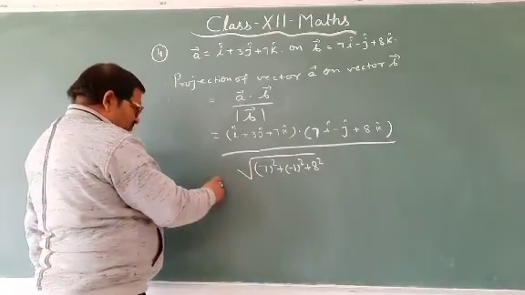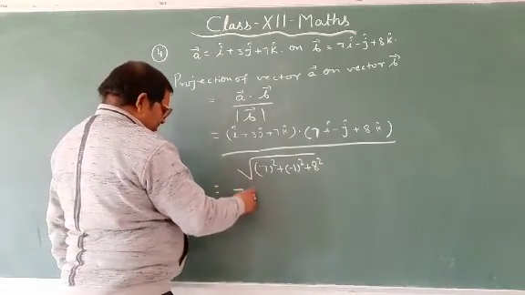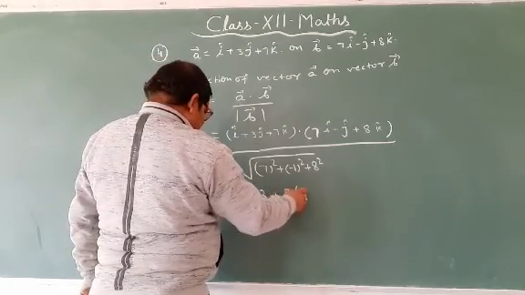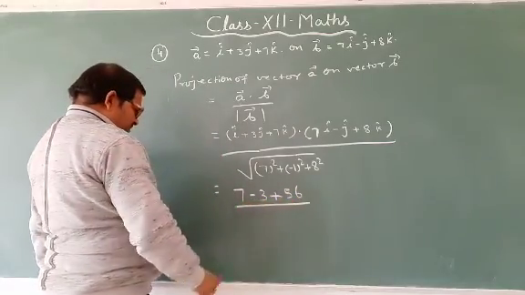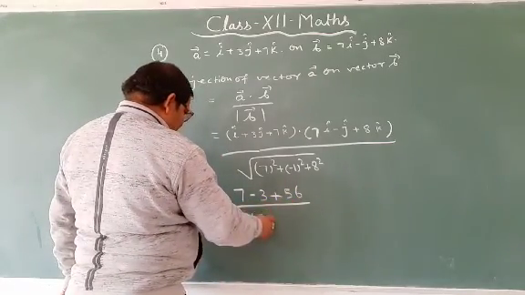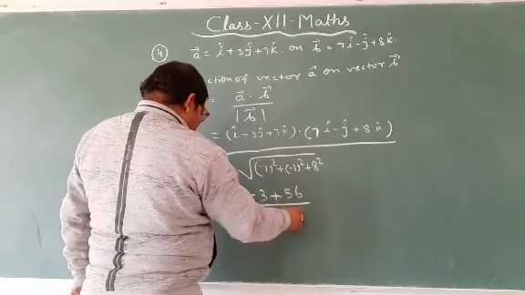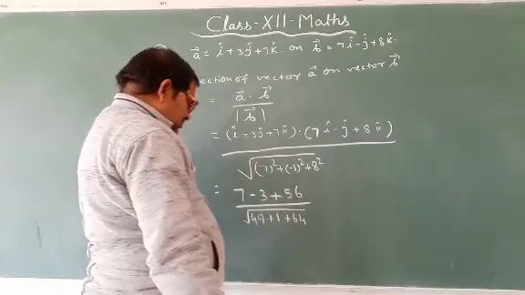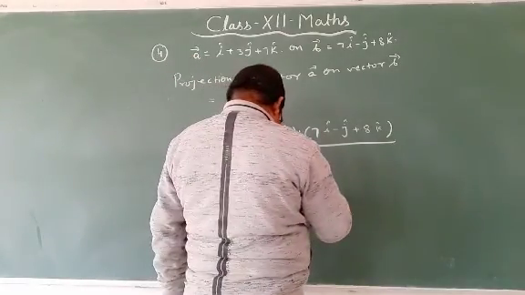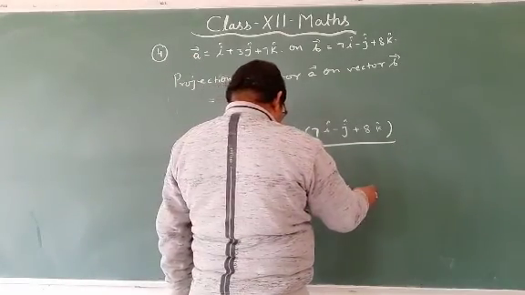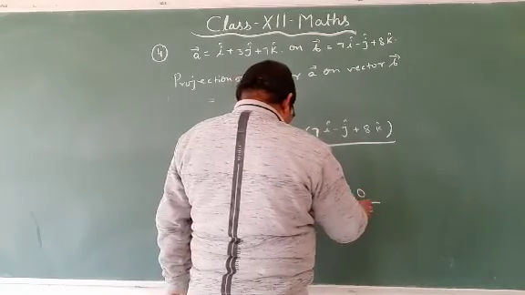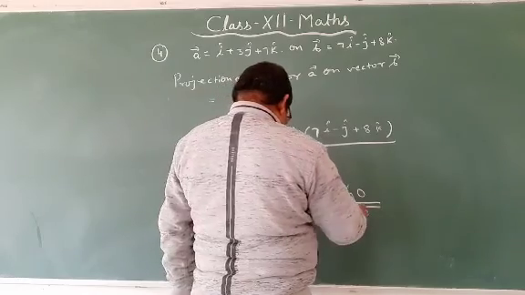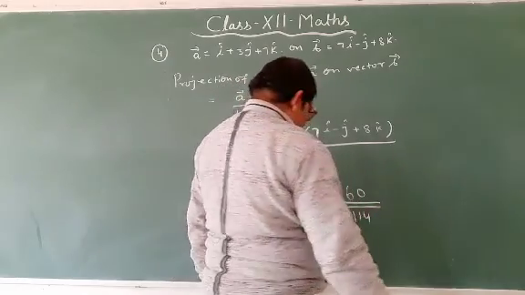Now equal to 7 minus 3 plus 56 upon 49 plus 1 plus 64, which is equal to 60 upon under root 114.